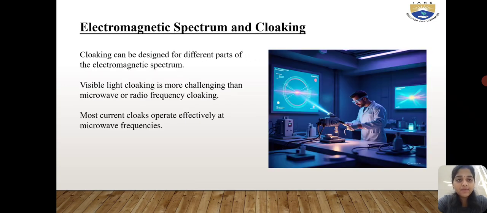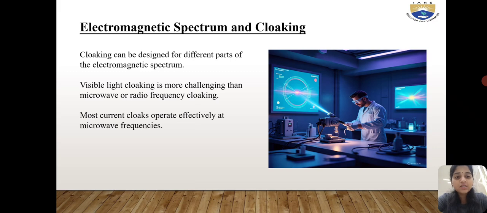Electromagnetic spectrum and cloaking. Cloaking can be designed for different parts of the electromagnetic spectrum. Visible light cloaking is more challenging than microwave or radio frequency cloaking.